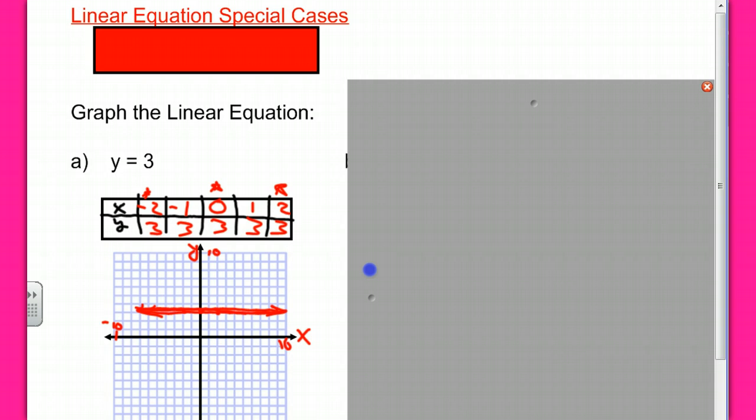And so when we have an equation that says y = 3, what type of line is this? Linear. What type of line is this? Horizontal. Is that kind of strange? Why is y = 3 being a horizontal line a little strange? Emily?